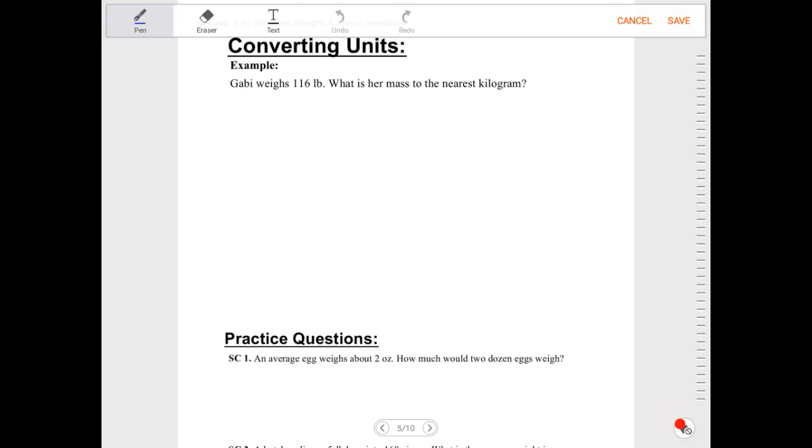So for this, what we're going to do is we're going to look down into the SI and Imperial portion of our conversion factor table. We do know it says there that 1 kilogram is equal to 2.20462 pounds.